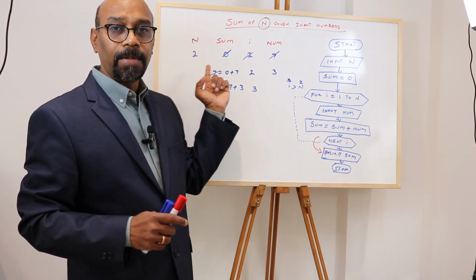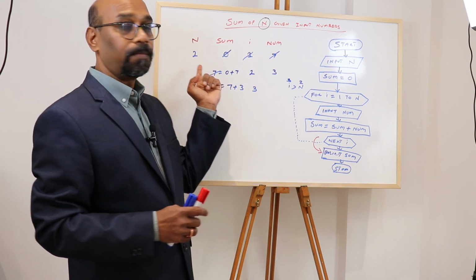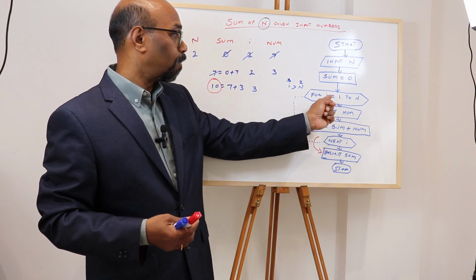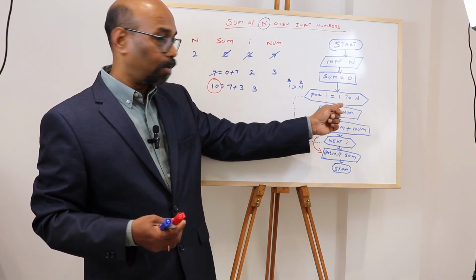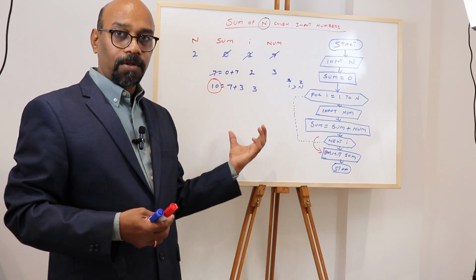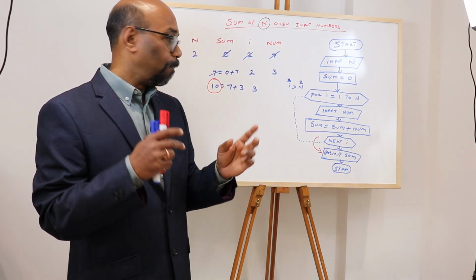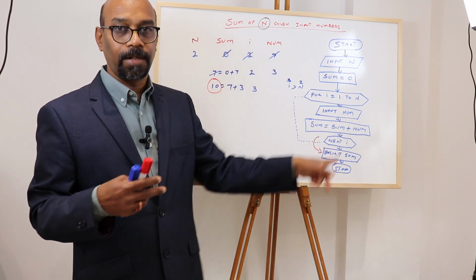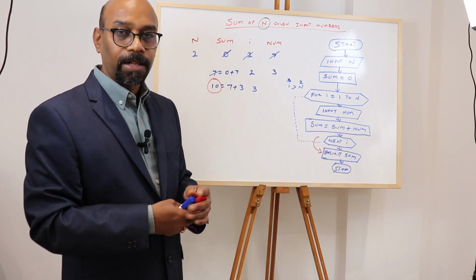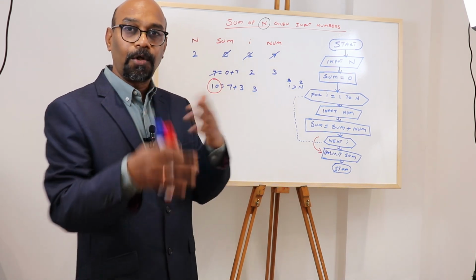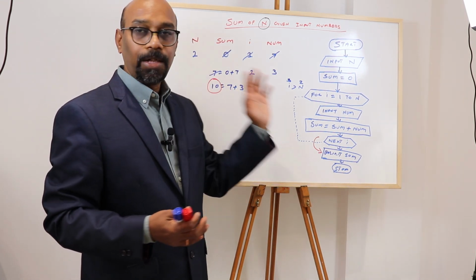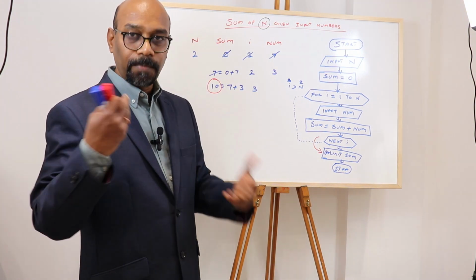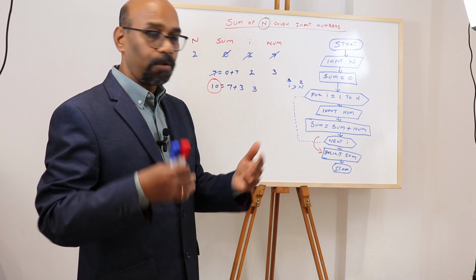Take the same example as me, take two numbers, add two numbers, but instead of I equal to 1, start with 0. Execute this process and just see how many times this loop gets executed. And then if you can add it in the comments, I know that you are following me, and it is good practice. It is an exercise. It also gives me some input on how you are following me.